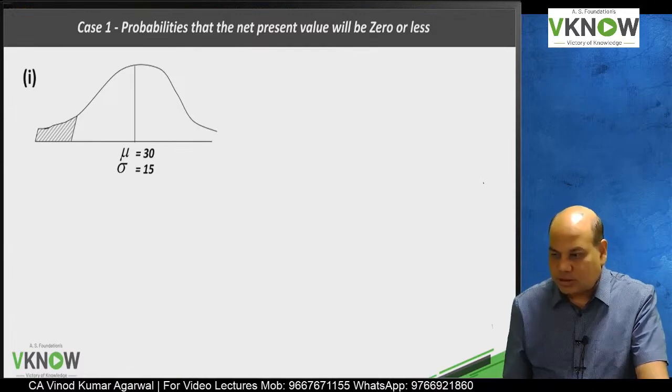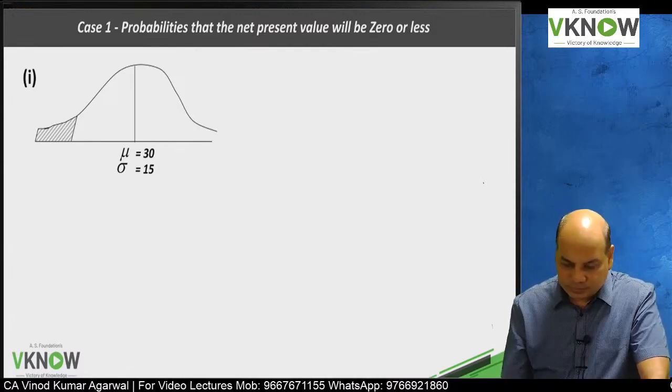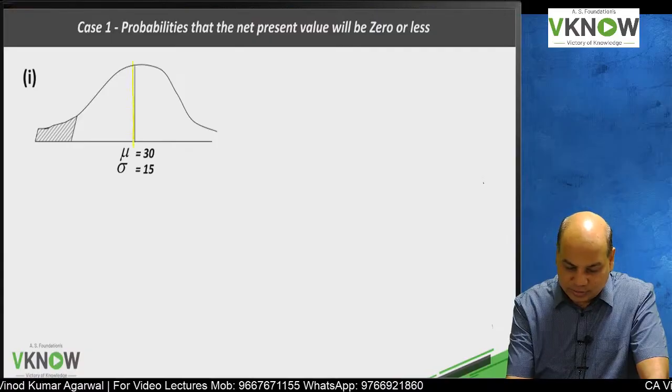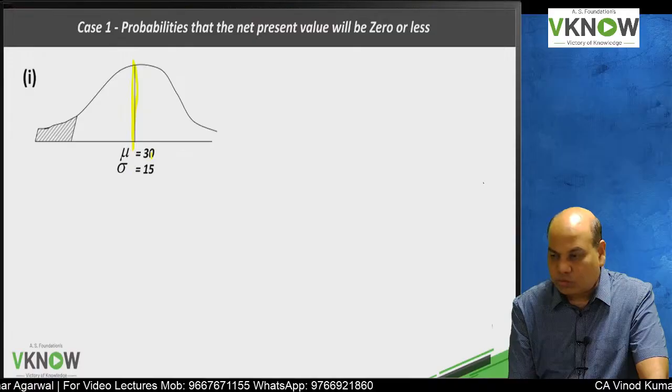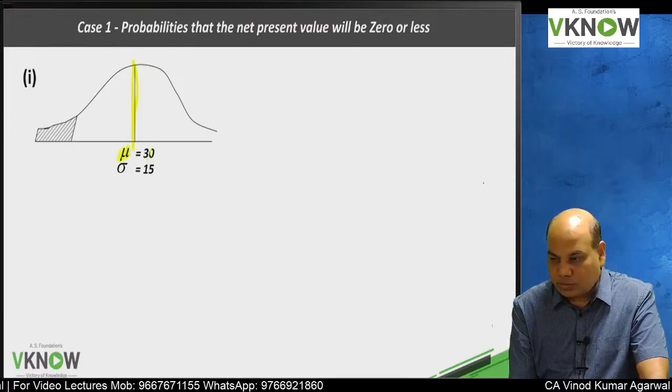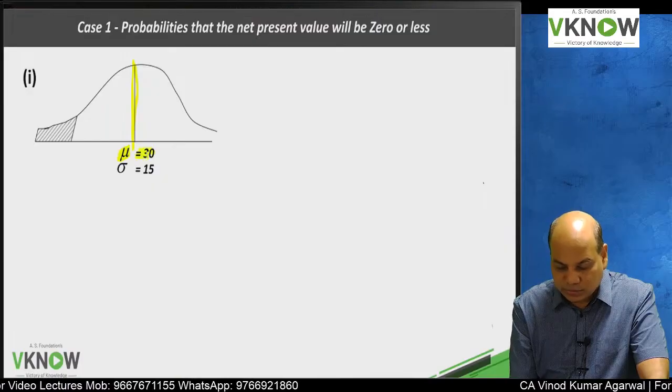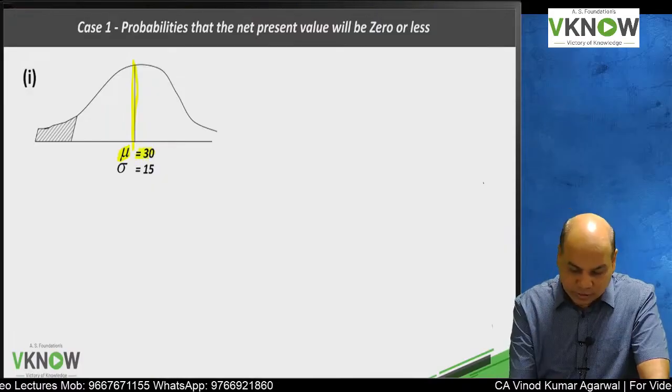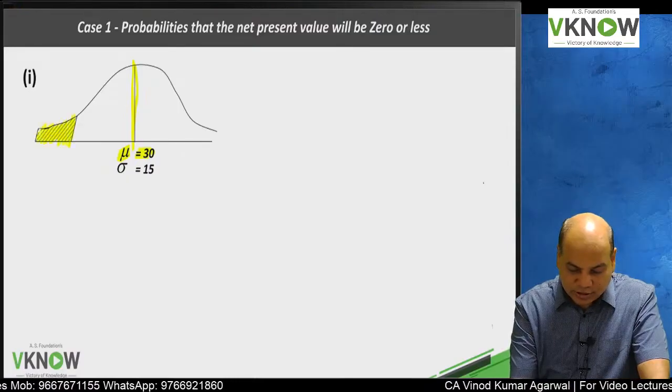Now, in the center you will draw a straight line indicating the mean. Below the mean you will write mu equal to 30. This is a symbol called mu, which means mean, 30, and sigma is 15. And then you will draw this shaded area.